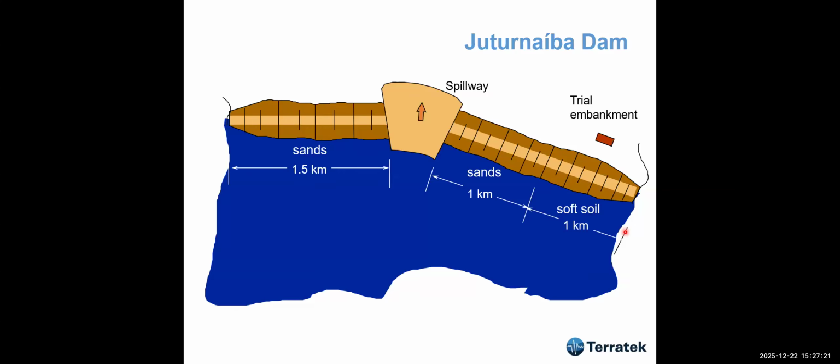And this dam was not very high. It was just 12 meters high, but very long. It was this big part, 1 kilometer on soft clays, and here sands as well. The spillway was in the center. And he was very much concerned about this.